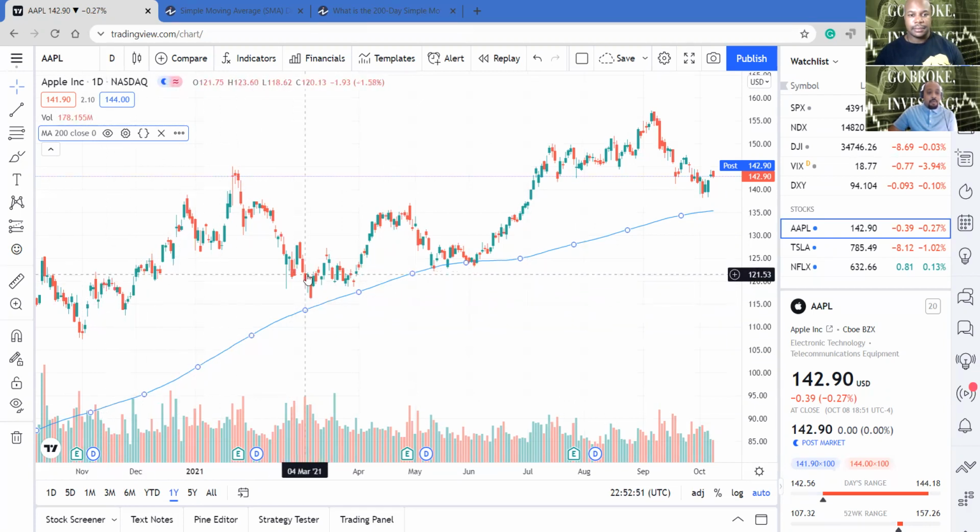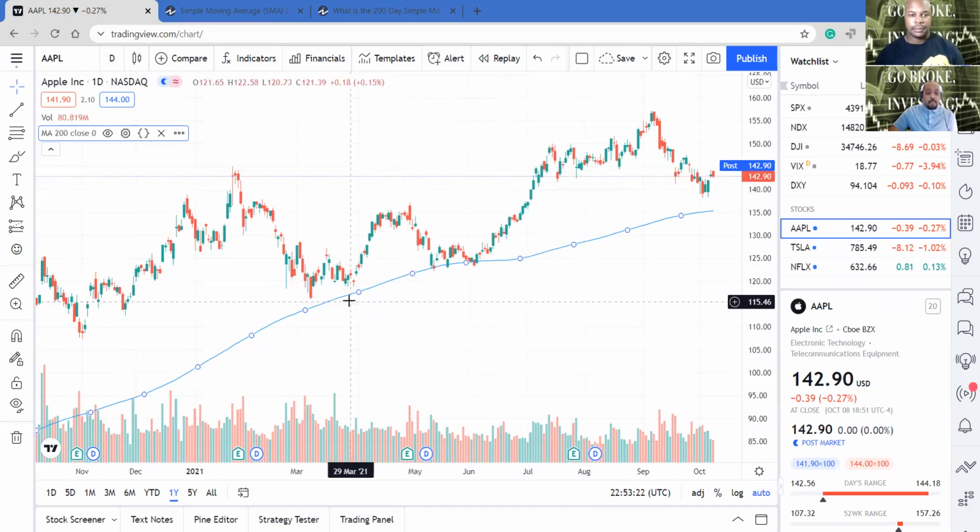When we were previously looking at the definitions, it talked about support and resistance. As you notice over the last year, Apple's prices were above that simple moving average line. And as it began to creep close to that line, as you can see right here, a couple of times it touched the line and bounced back up, touched the line, and then it went back up.